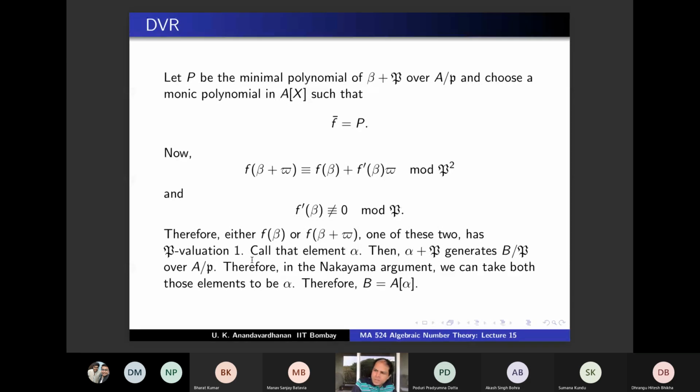So the point is, using this, we will define a very famous ideal of B called the different ideal. Different, D-I-F-F-E-R-E-N-T, the usual word. That will be the name of the ideal, and we will also have what is called the discriminant ideal.